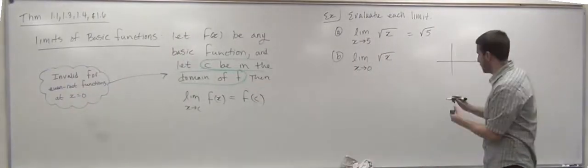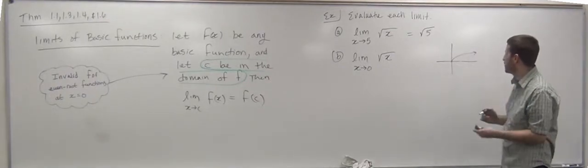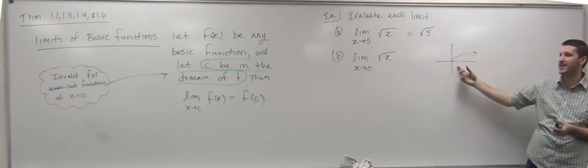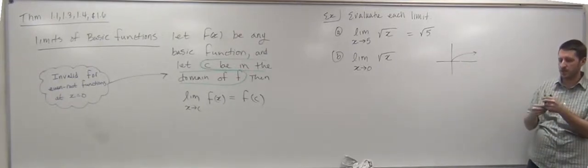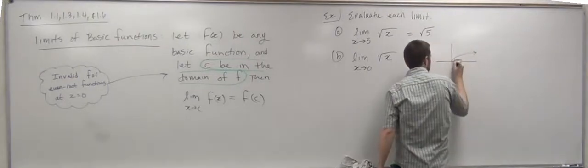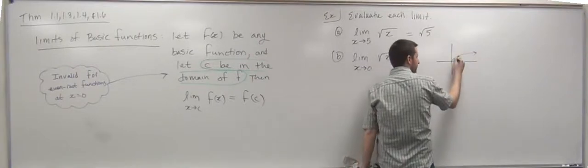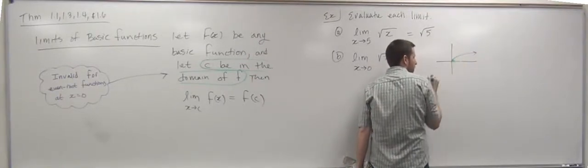Because if you think about what the graph looks like here, if you're trying to do the limit as x goes to 0 of this, you need to approach on both sides the same y value. So on the right side, you're approaching 0, which is fine.